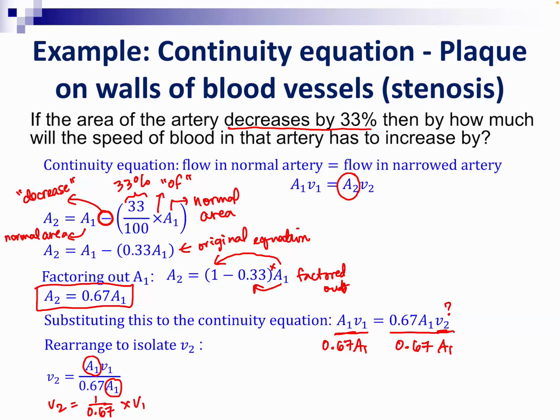Okay, A1 sort of disappears. If you do 1 divided by 0.67, you'll get 1.5. So that means that the new speed is equal to 1.5 times the old speed. Cool. 1.5 times, that means an increase in the speed of 50%.